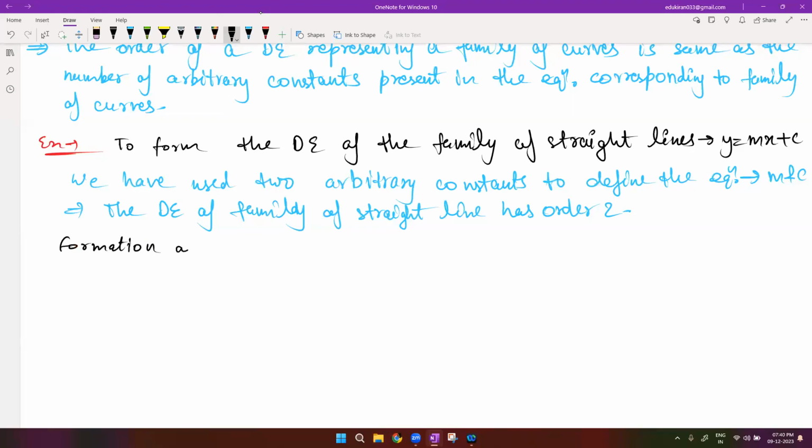Let's also talk about formation of the differential equation. So for formation of D, we have the equation y is equal to mx plus c, with two arbitrary constants. Two arbitrary constants mean find y dash and y double dash.